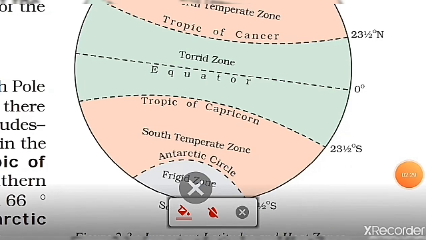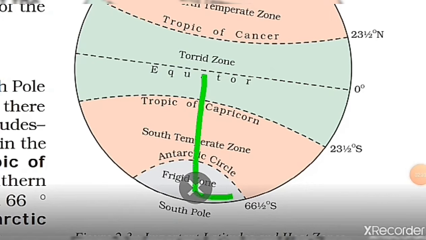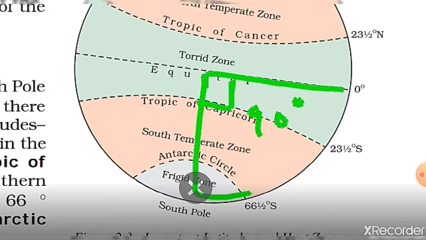Next is 90 degree south. The southern part you can also represent as 90 degree south latitude. Mark the South Pole.